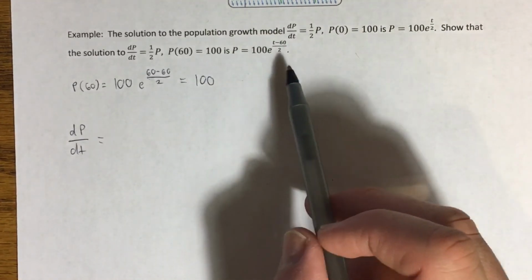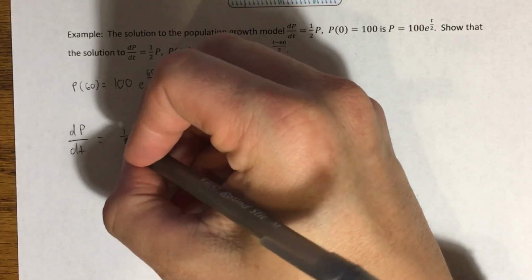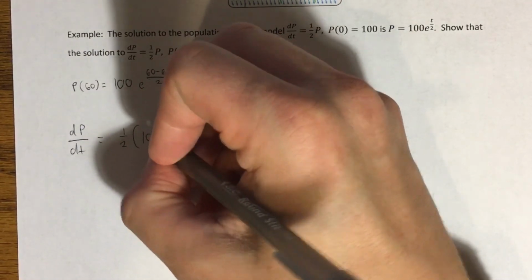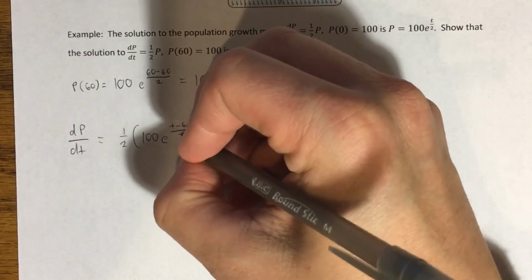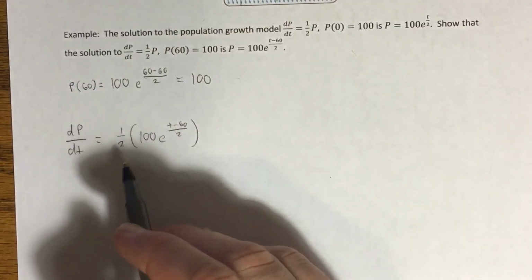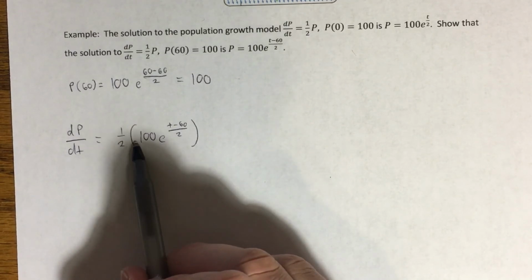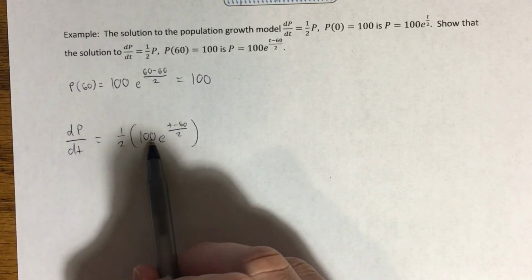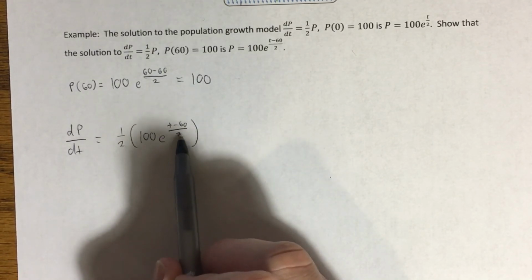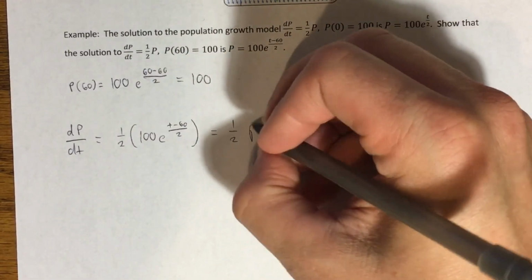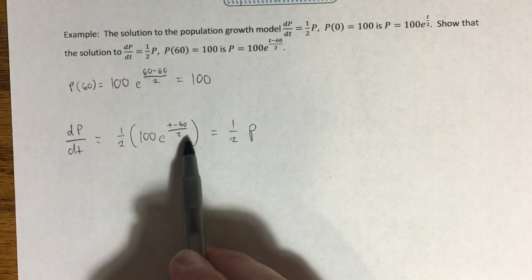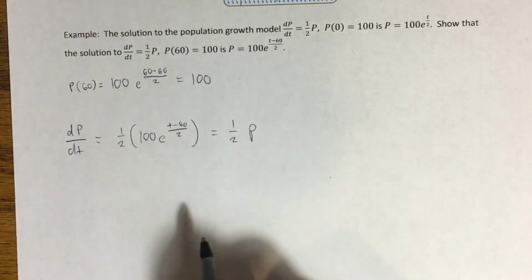In fact, the derivative of this would just equal 1/2 times 100 e to the (t minus 60) over 2. And of course, I could multiply that 1/2 in and get 50 e to the (t minus 60) over 2. However, notice that this is the same thing as 1/2 P, because the thing inside parentheses here is how we defined P in the first place.